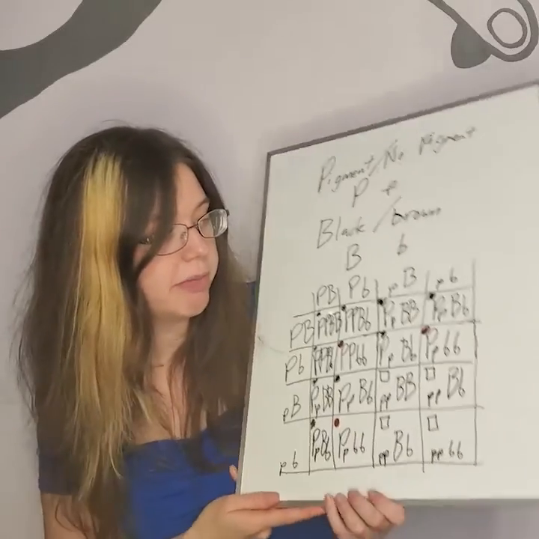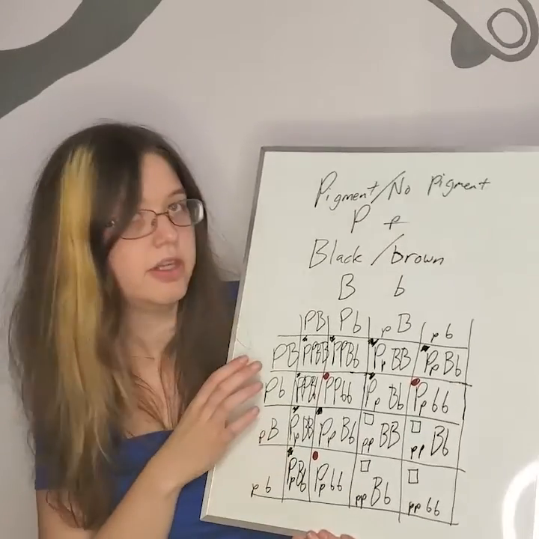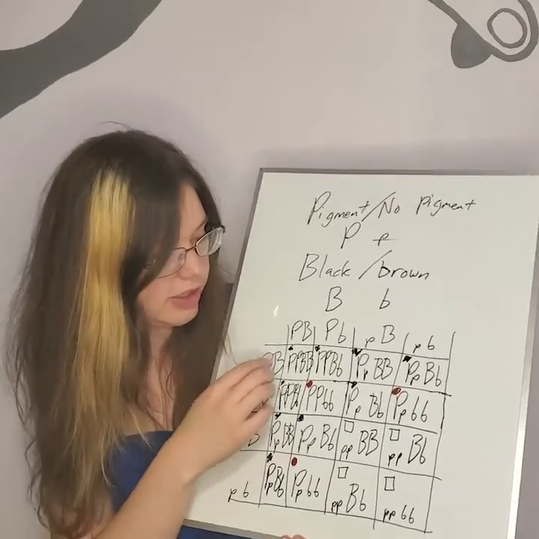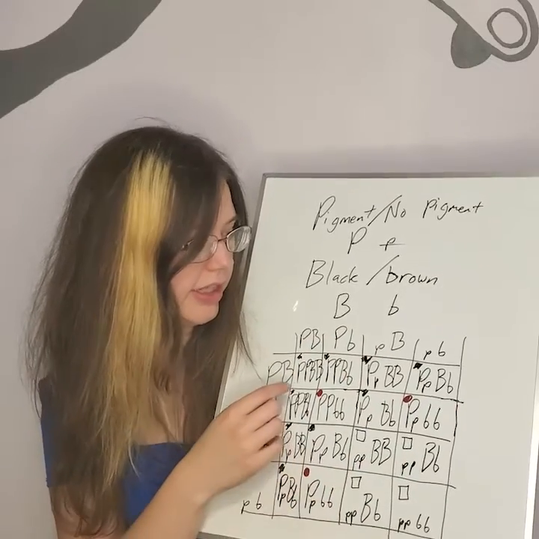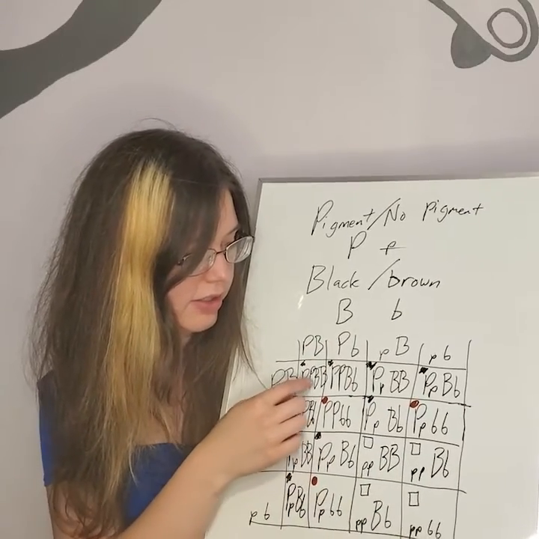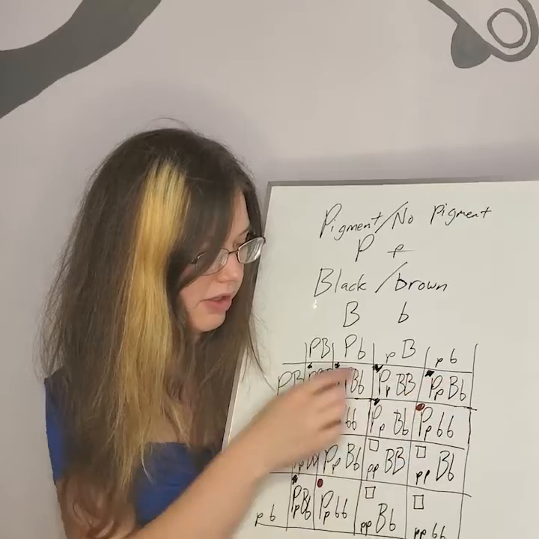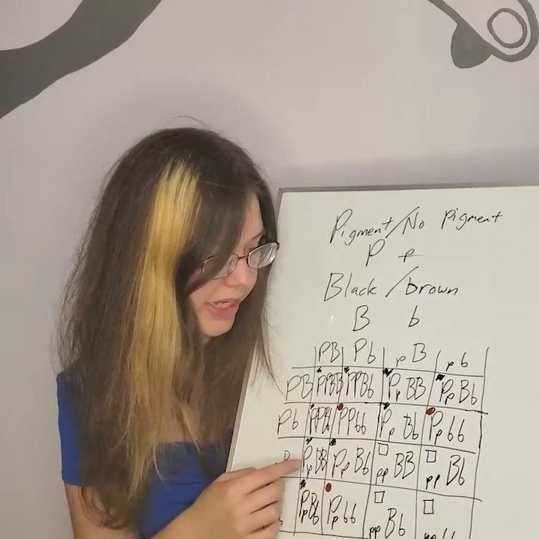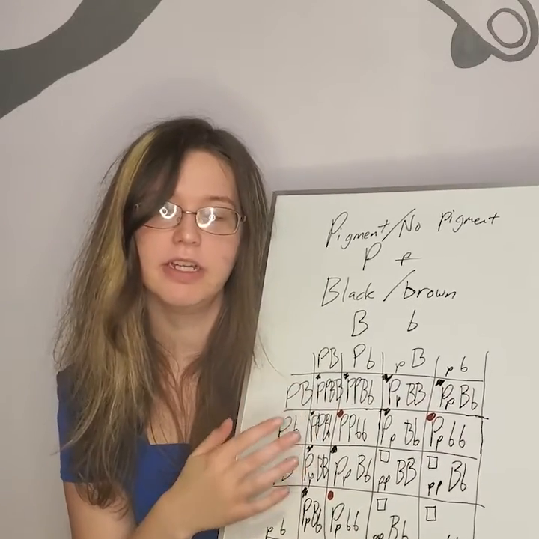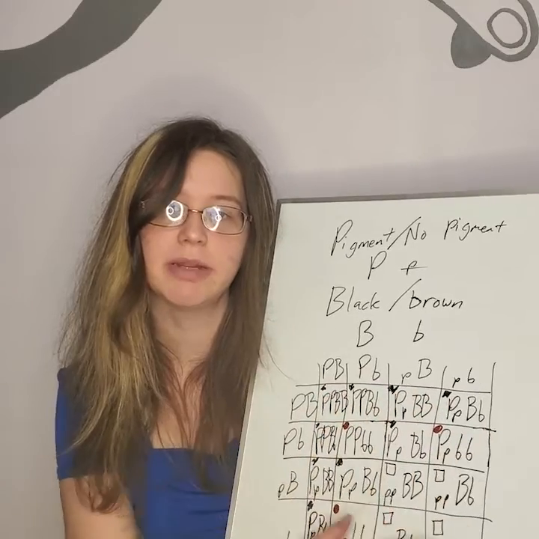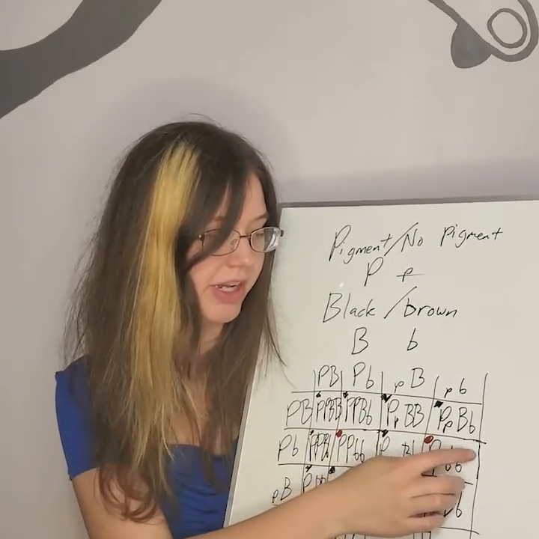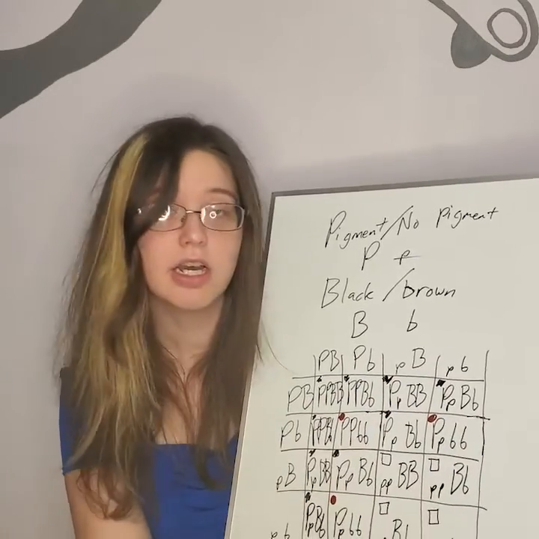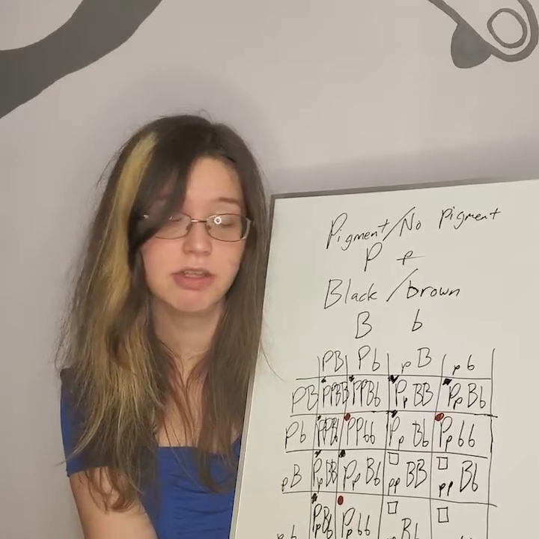So when we put it in a Punnett square, we have all of this, and then all of these that are black. So we have 9 of the black pigmented mice.